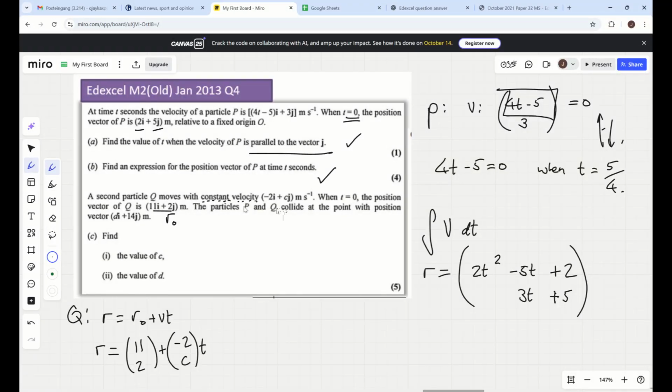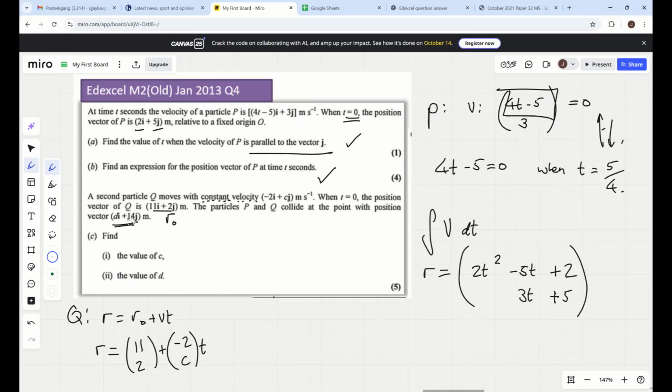The particles collide at a point with position vector here. Right. So what's the best way to do this one? 5 marks. So many bits of information, what to do. Well, I think I know a bit more over here.